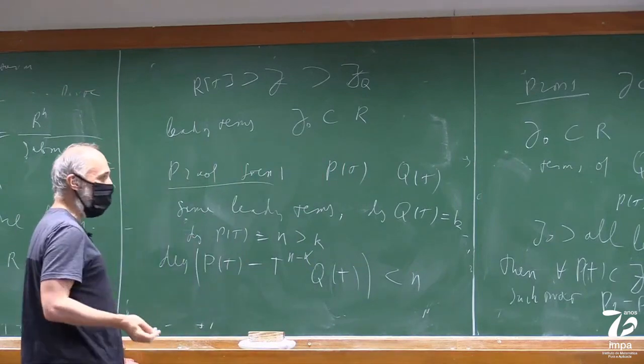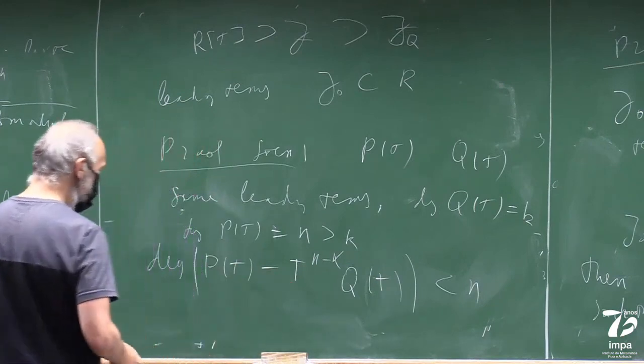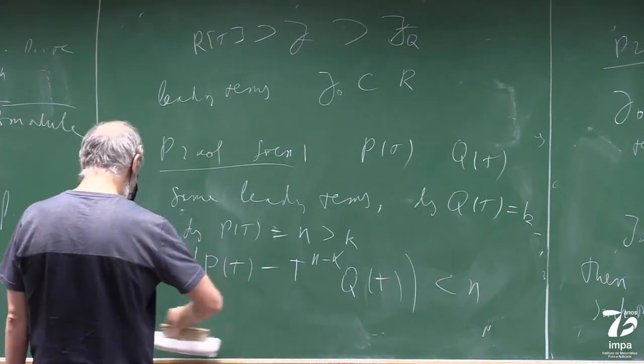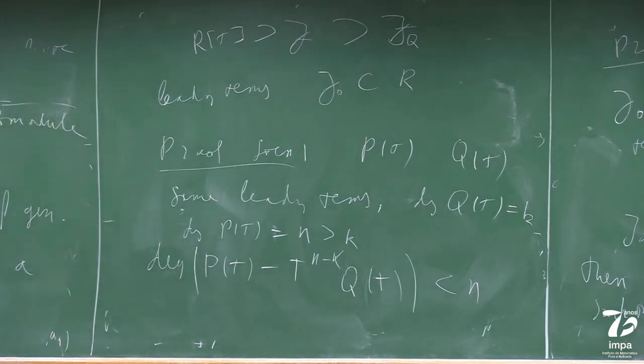This is a trivial observation. It's like division. You can subtract, they have the same leading term, so the difference has smaller degree. Okay, so this would be the basic observation.